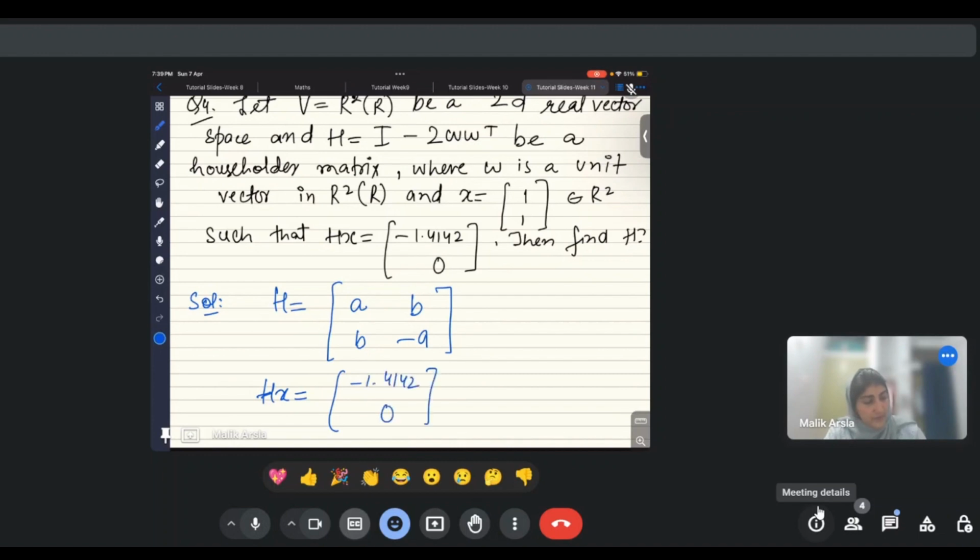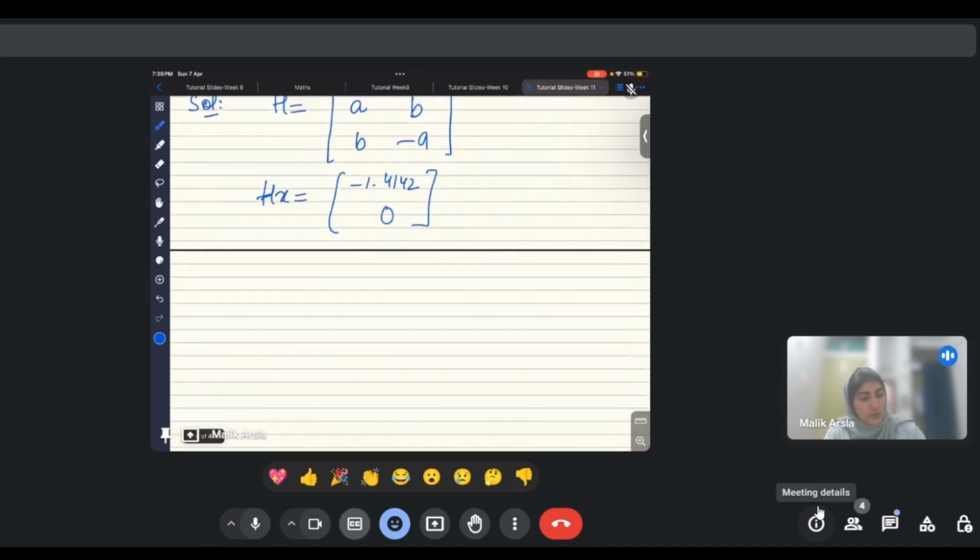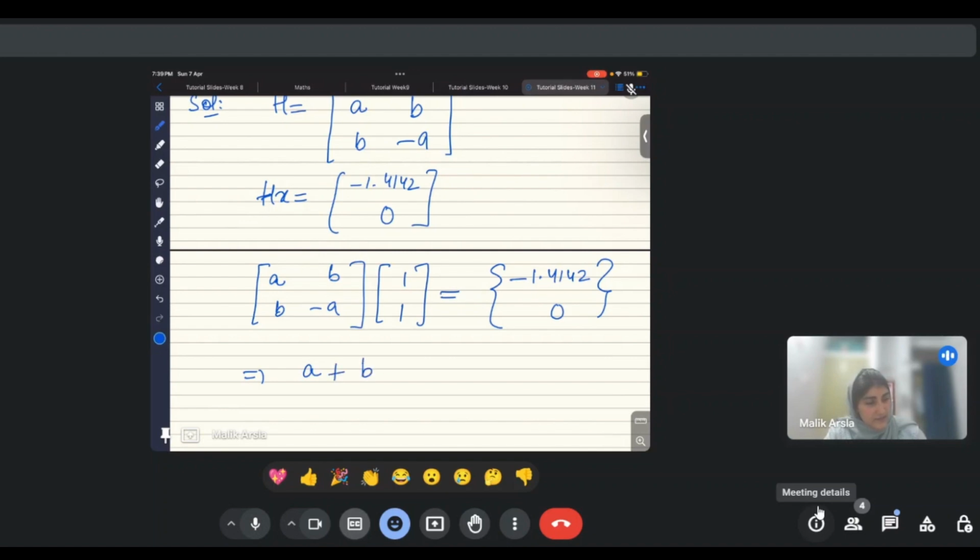Now when we equate this Hx with (−1.4142, 0), we get two equations: [[A, B],[B, −A]] times (1, 1) equals (−1.4142, 0). Here we got A + B = −1.4142 and B − A = 0.